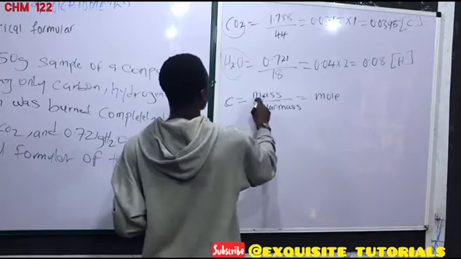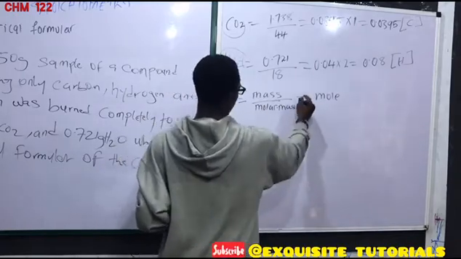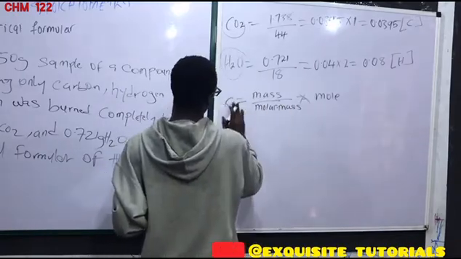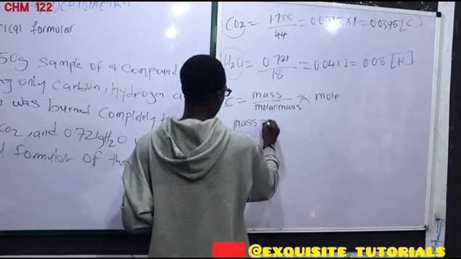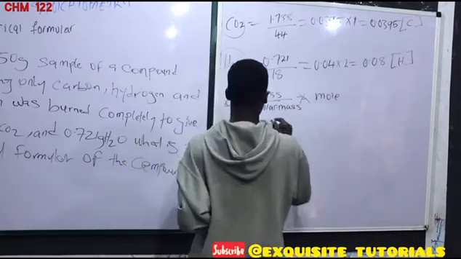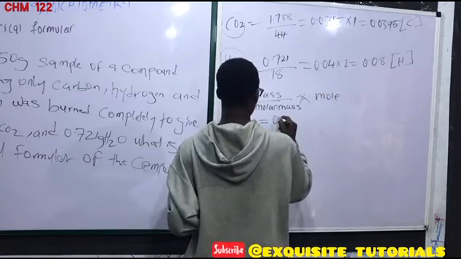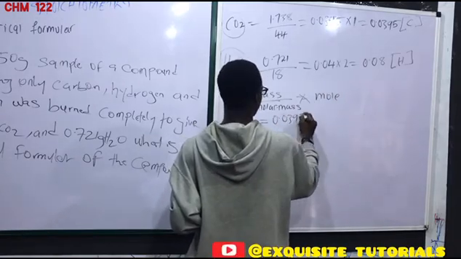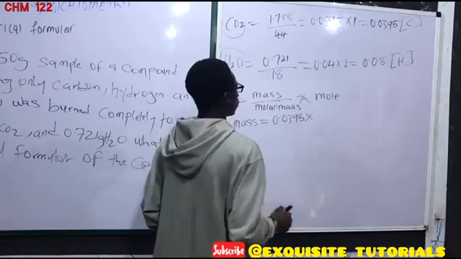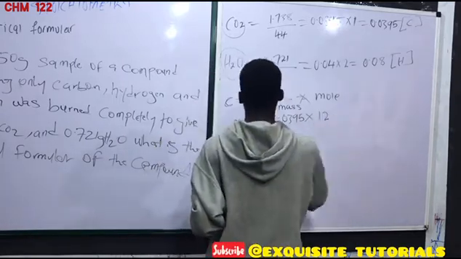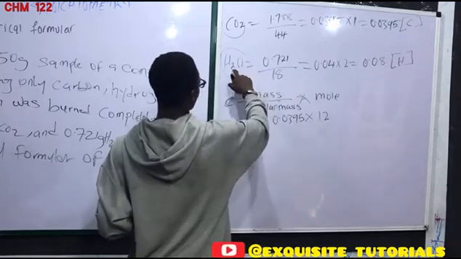Alright, so the mass is unknown, so we have to cross multiply. We have the mass is equal to the mole, 0.0395, times the molar mass. What is the molar mass of carbon? 12.